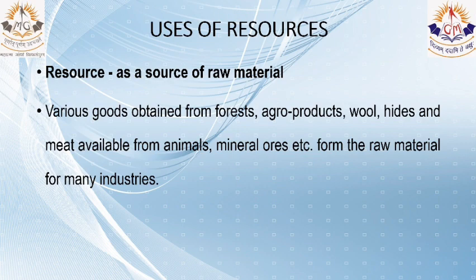When the farmer grows wheat and he sells it into the market, somebody buys that, turns that into flour, and the flour is bought by the biscuit makers or the bread makers, and that is how we get bread and biscuit. But bread making and biscuit making industry is dependent on agriculture, so they are available from agro products. So lots of industries are based on agriculture. So agriculture uses the raw material prepared by the farmers.